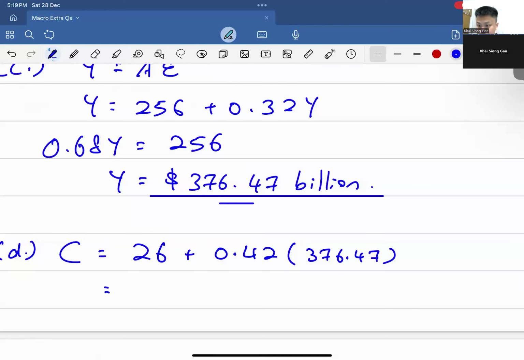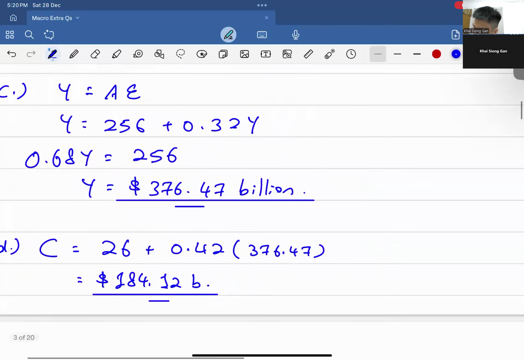Then you will get the answer. So try and see. 184.12 billion. I round off to two decimal places. Up to you, two or three decimal places.